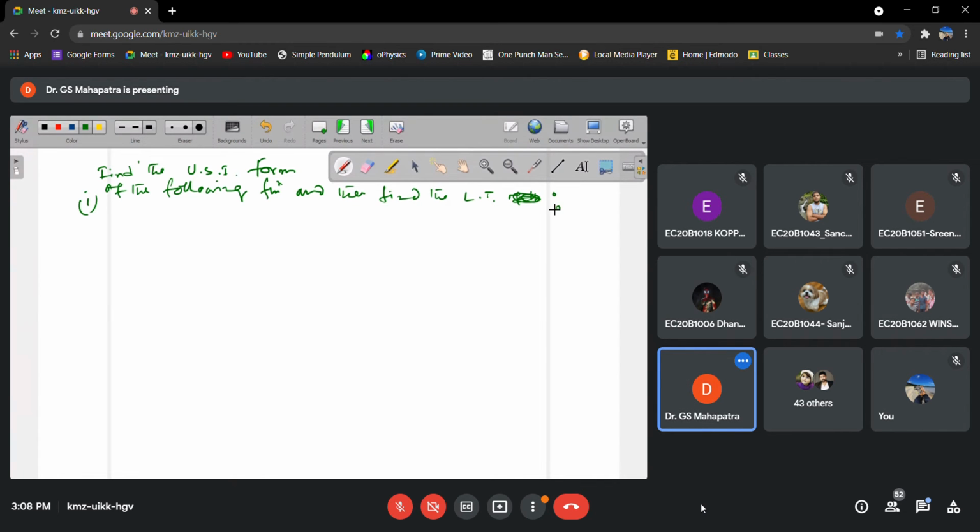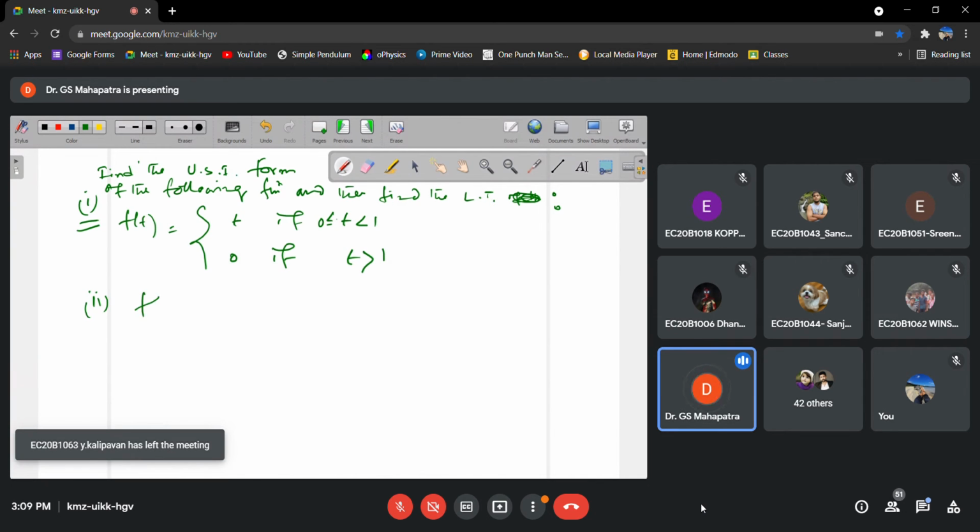First problem: f of t equals t if t is greater than or equal to 0 and less than 1, and 0 if t is greater than 1.